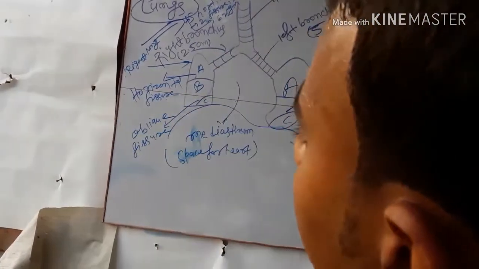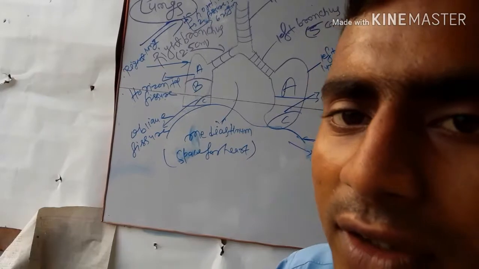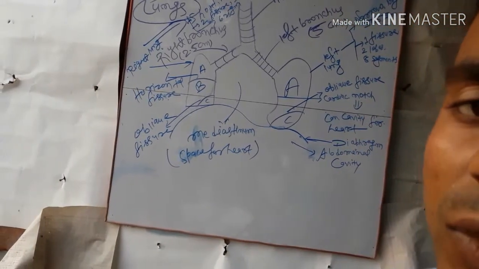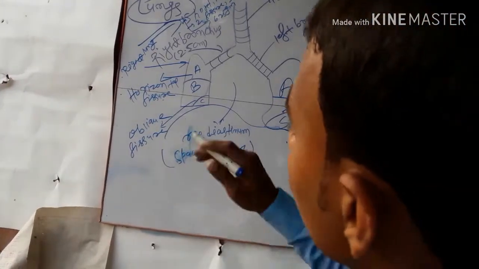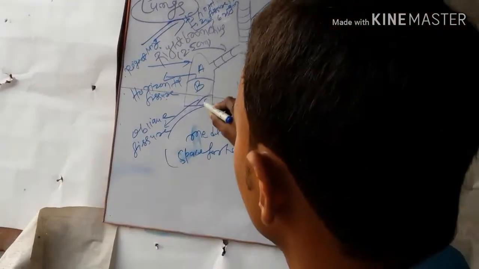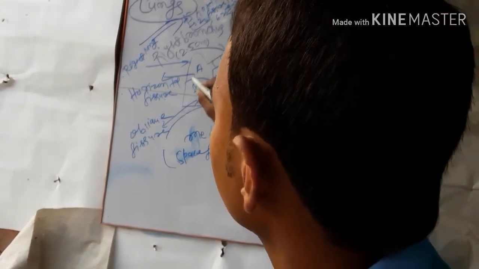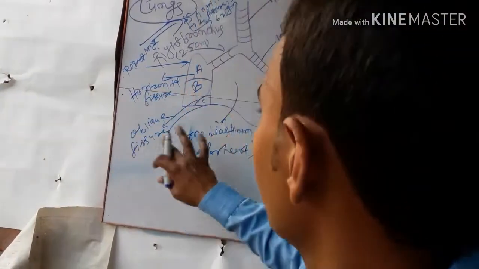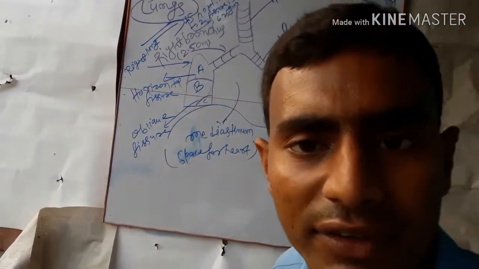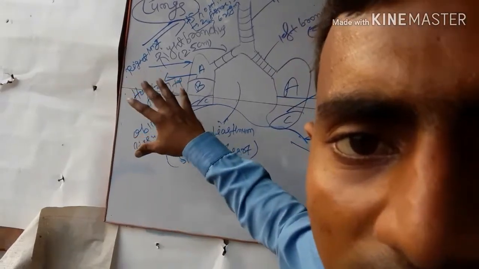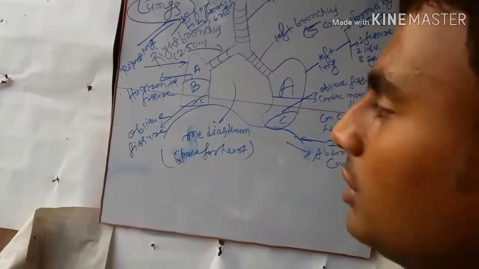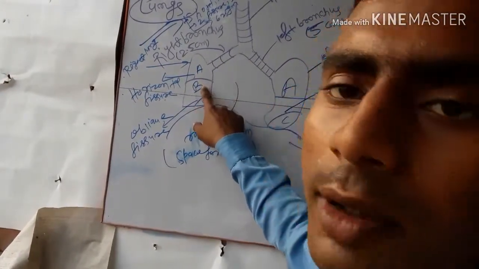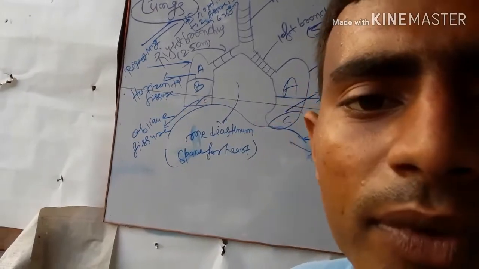It has two fissures, three lobes, and 10 segments. One fissure is called the horizontal fissure and the other is called the oblique fissure. So there are two fissures and three lobes: one lobe, two lobes, three lobes.